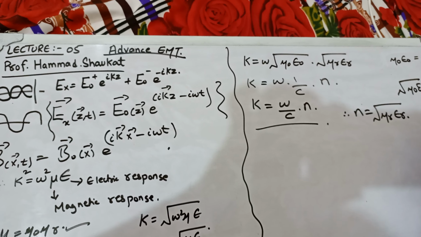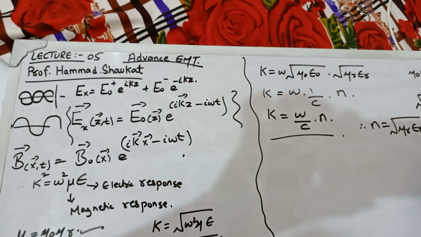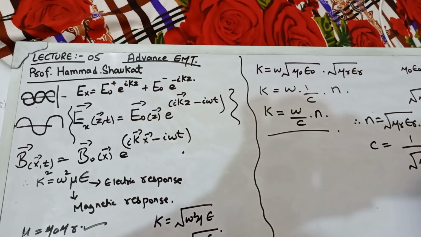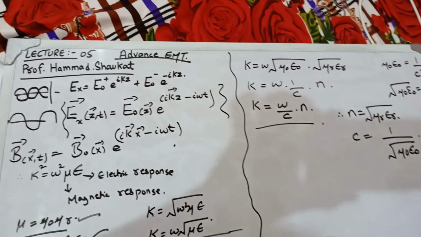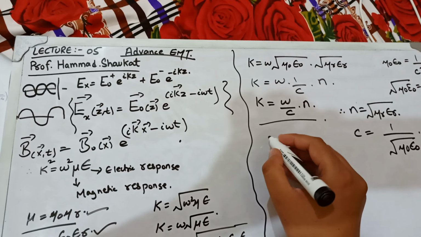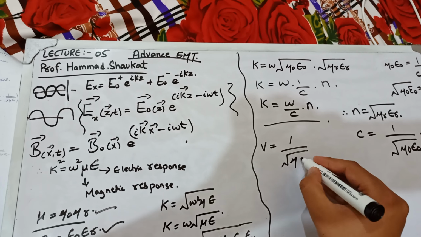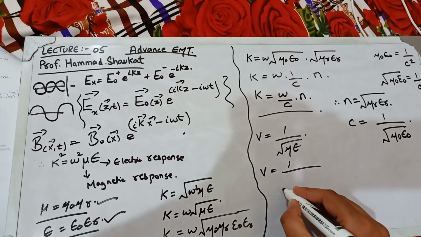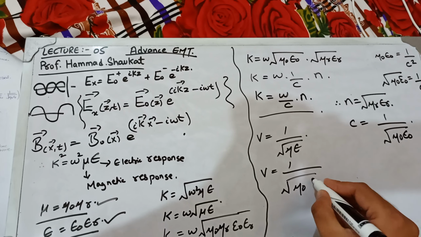Okay, and you already know this equals this. If you find c, c becomes equal to 1 by the square root of mu naught epsilon naught.